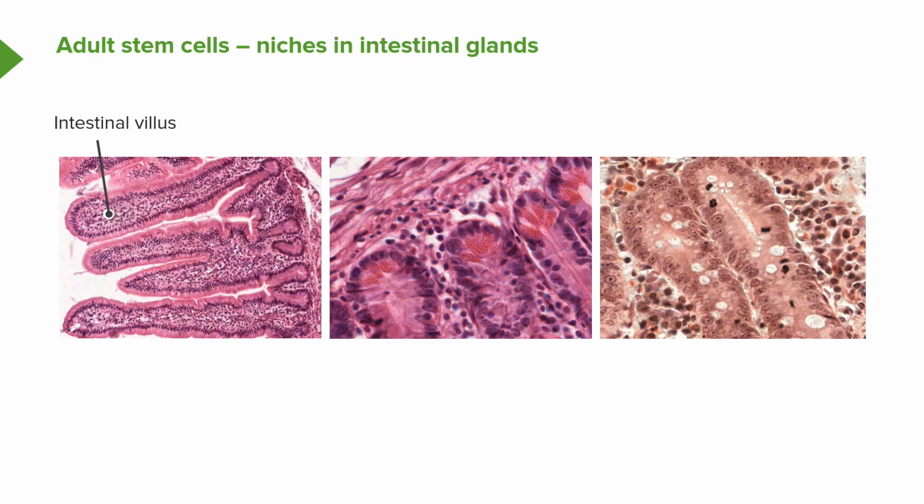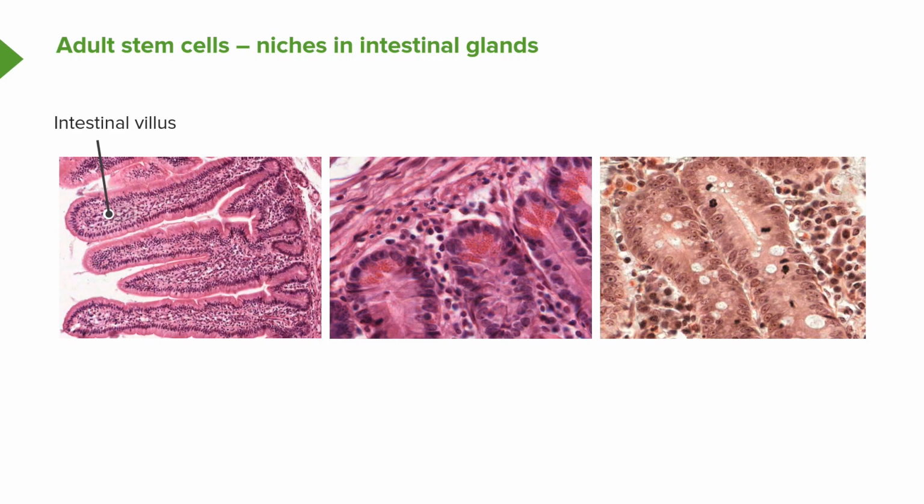This picture here on the left-hand side illustrates a number of finger-like projections that protrude into the lumen of the small intestine. These finger-like projections are called intestinal villi, and labelled here is a single intestinal villus.